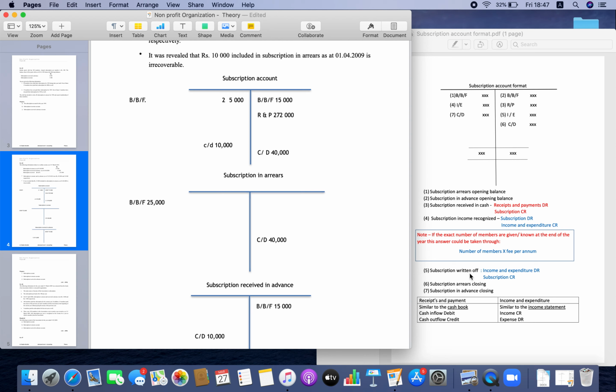Subscription written off is only applicable to subscription arrears. That is because arrears means people don't pay. Only if people don't pay, only those members can give you a subscription written off. Now we understand that 10,000 is irrecoverable. So irrecoverable means number 5, subscription written off. So it comes on the credit side. So, guys, go and mark this on the credit side of your account.